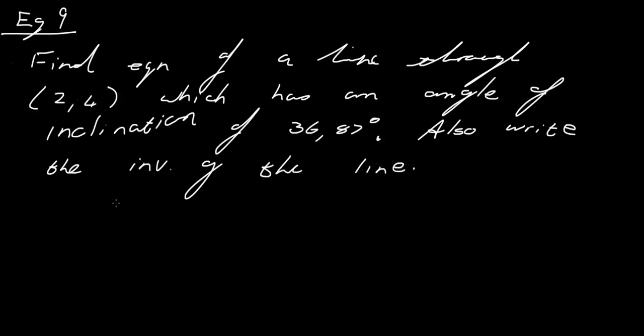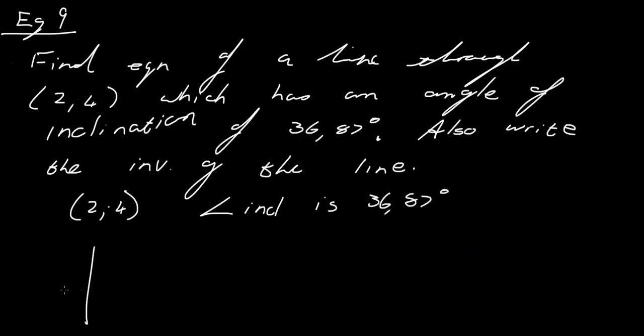So they've told you two things. They've given you a point (2, 4) that the line passes through, and they tell you that the angle of inclination is 36,87 degrees.